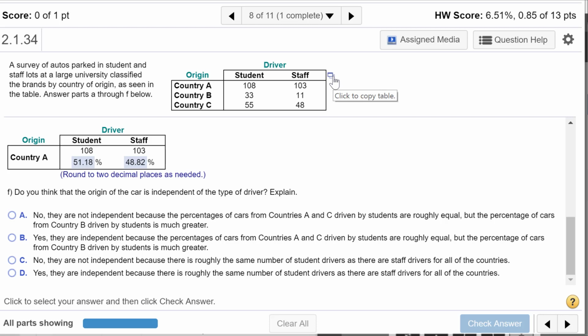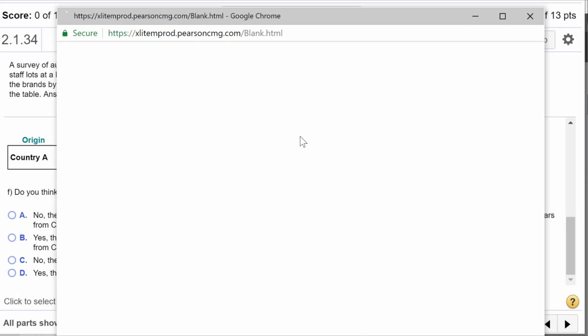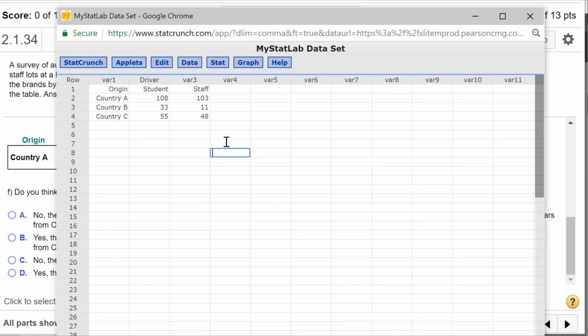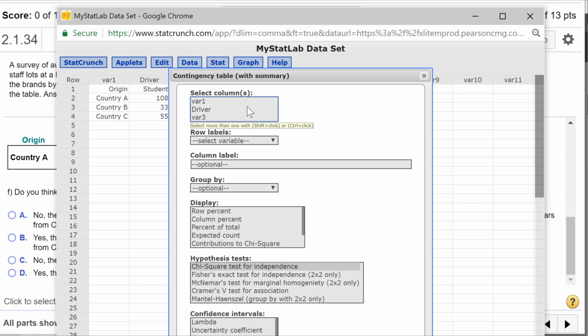You can kind of create these in StatCrunch. I'll show you just for a second. It's maybe a little heady. We'll do a lot more of this in a later chapter when we start doing chi-square. Again, not needed, but you can pull this up and do stats tables, and these are contingency tables, and we have summary data here. So we can select our column.